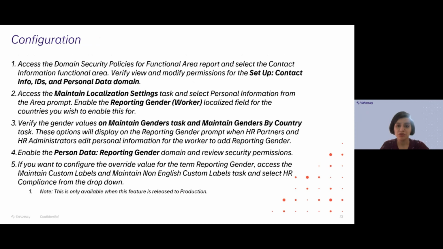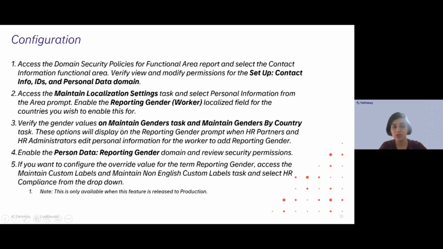So what we need to do, again, some security updates, some domains that need to be provided access to. Then we need to activate this particular field in the maintain localization settings. Another thing to be noted is that it's important to verify the values of whatever genders have been set up.